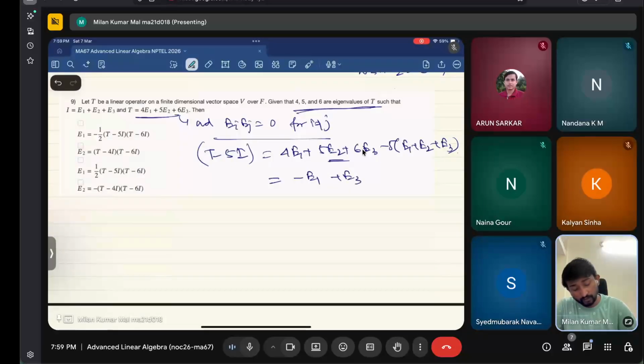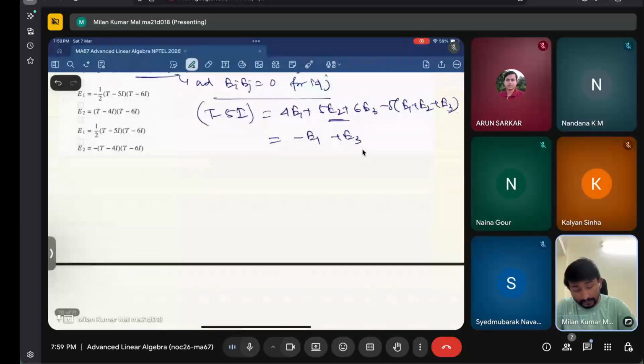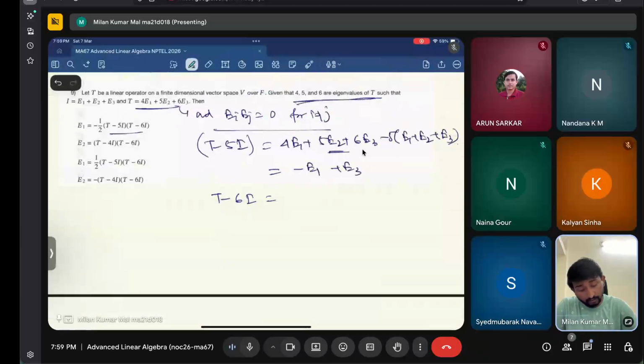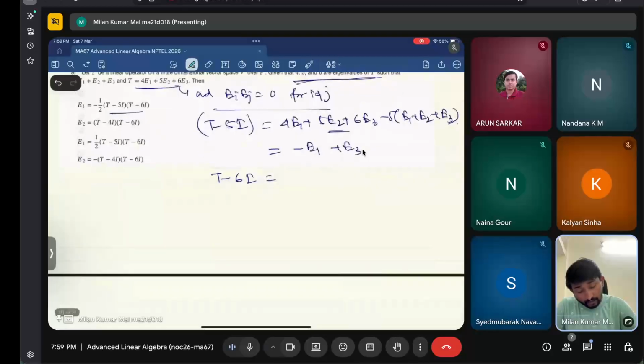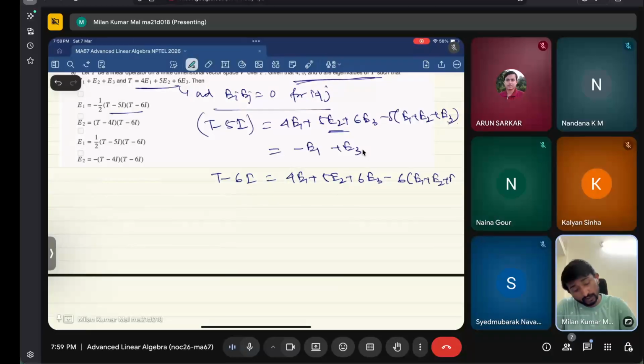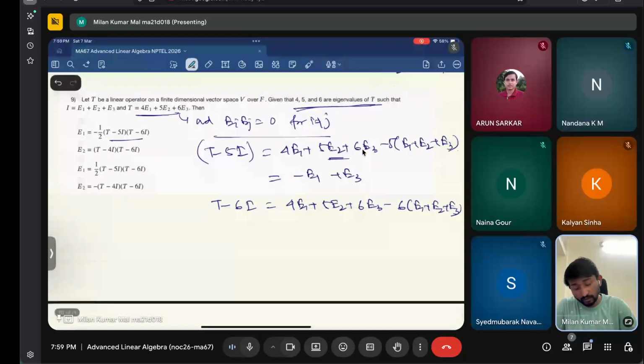And similarly, if I take T minus 6I, you can do that. It will give 4E1 plus 5E2 plus 6E3 minus 6(E1 plus E2 plus E3). Here I am using the fact that I equals E1 plus E2 plus E3.